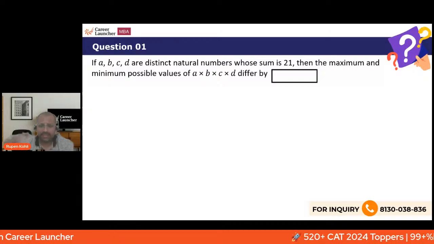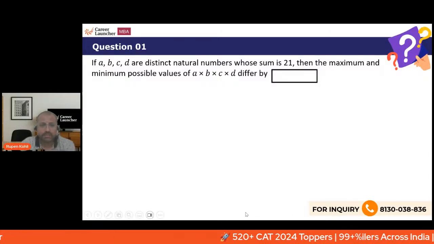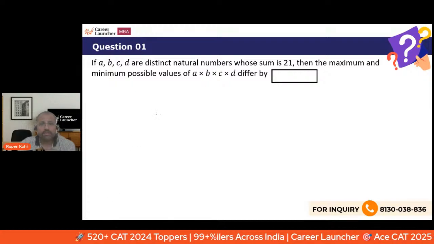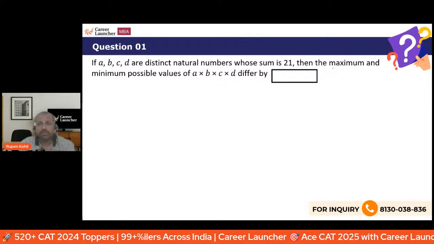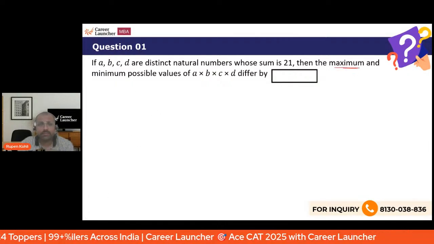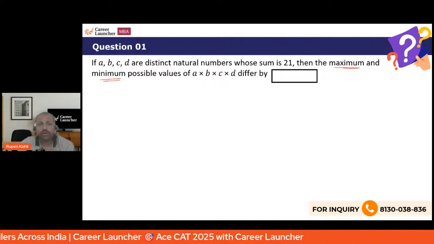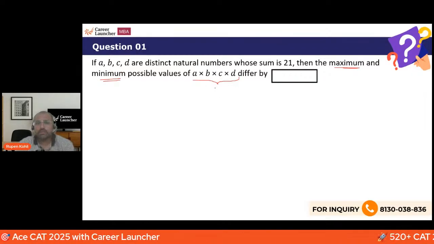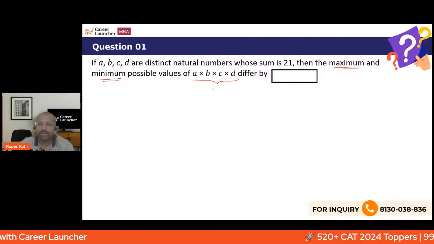So one thing is for sure that the sum is fixed and equals 21 of four variables. Based on that, we have to find both the maximum as well as the minimum possibility of the product of these four variables, right? Sum is constant and product has to be both maximized and minimized.